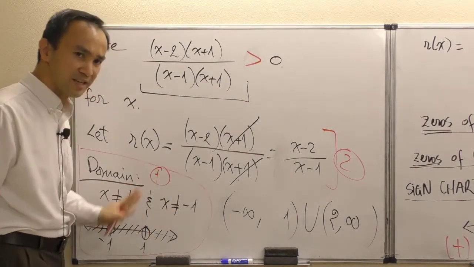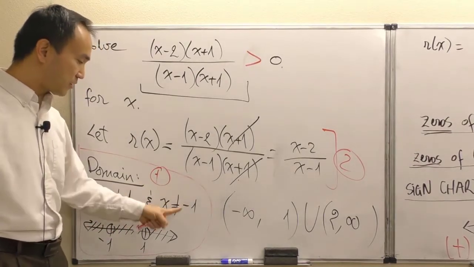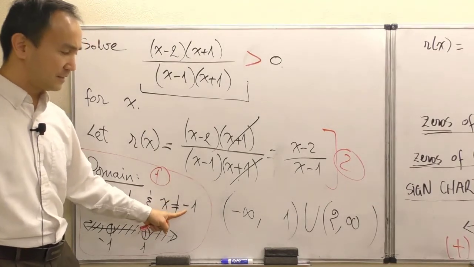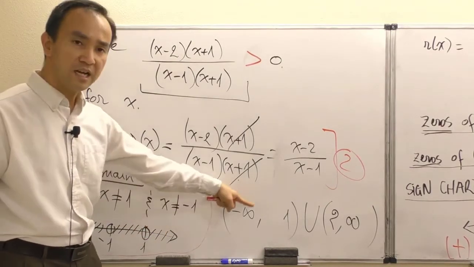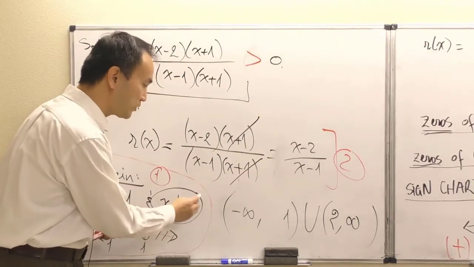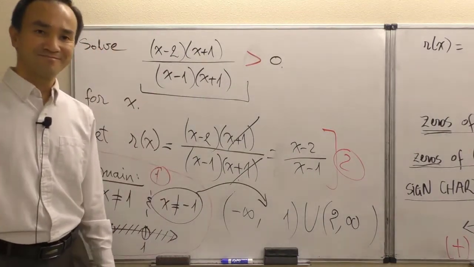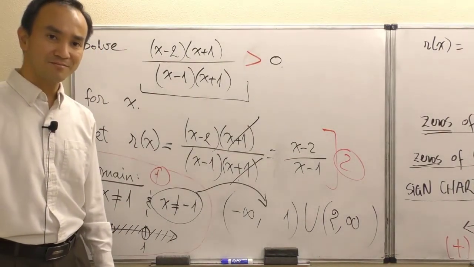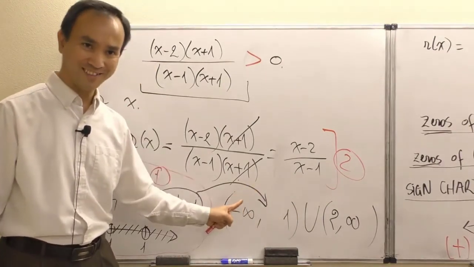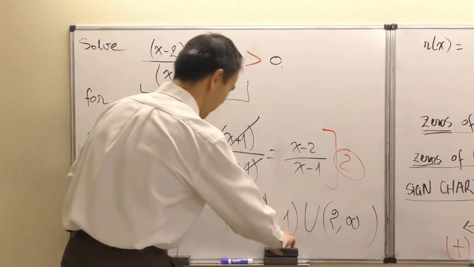From left to right, x equals negative 1 comes first on the line of numbers, and x equals negative 1 indeed stays inside of this interval. So that means we cannot simply take the whole interval here. We have to give it a break. It has to be a broken up interval, as a matter of fact.